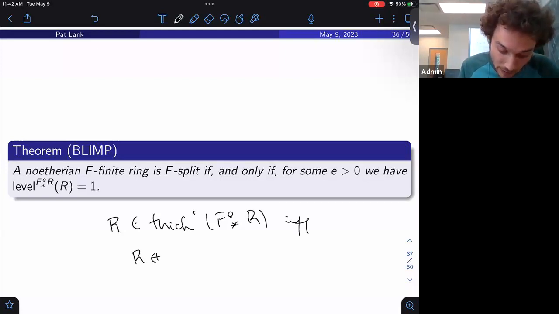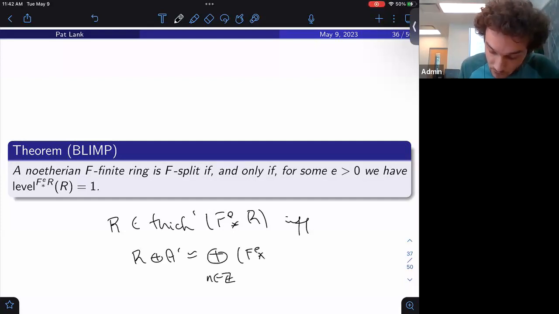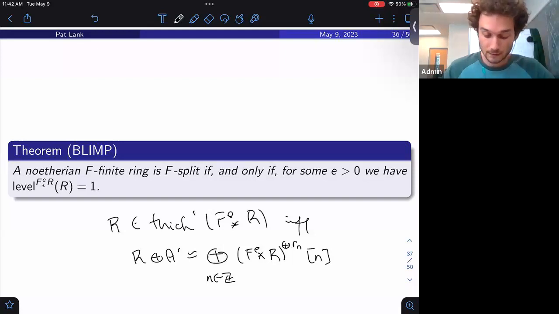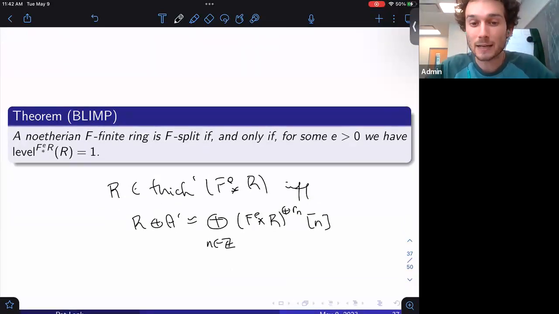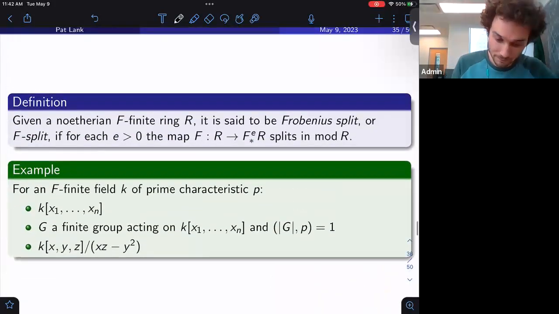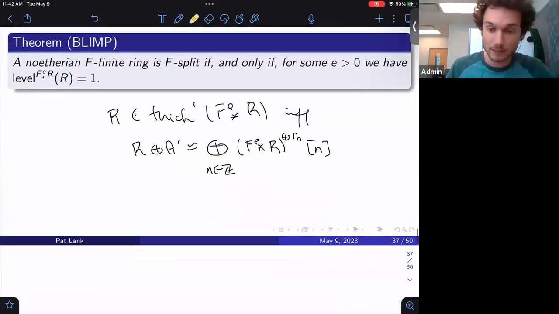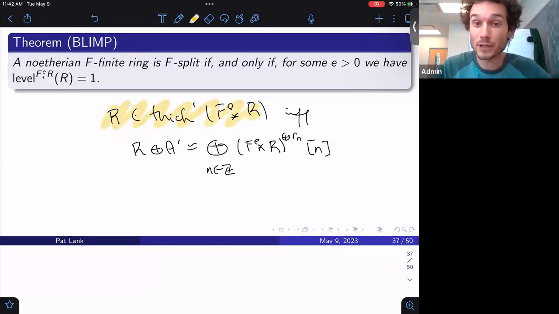Well, R is a direct summand of an object of the form direct sums of my object and shifts. This doesn't say anything about Frobenius splitting directly. Frobenius splitting says I have a specific map that splits. What I'm saying here is that's equivalent to saying R is inside thick 1 of my object.